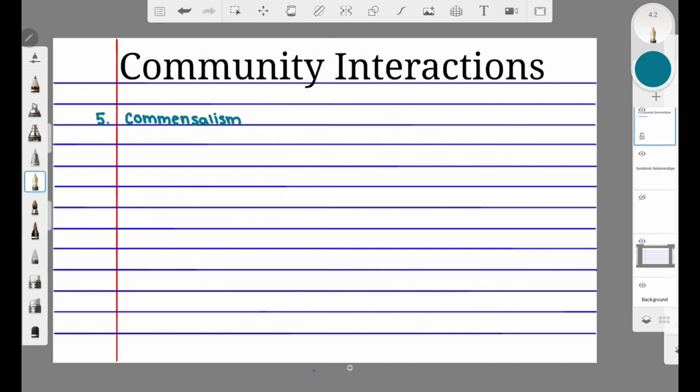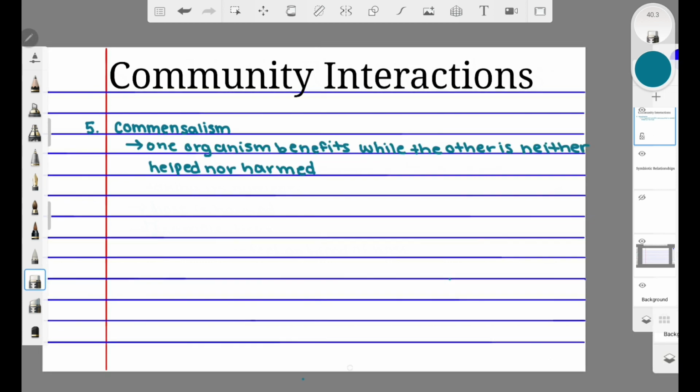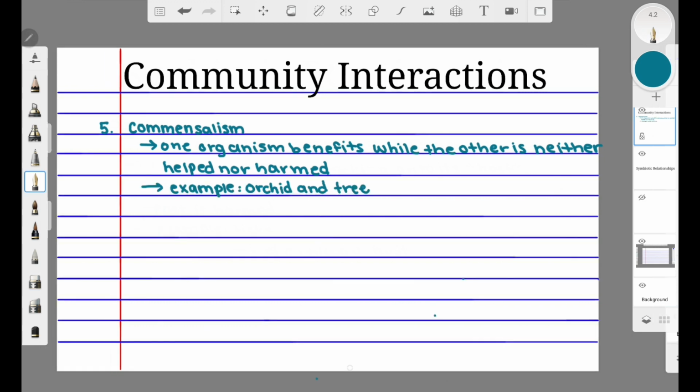And the very last community interaction that we're going to be talking about in this video is called commensalism. In commensalism, one organism benefits from this interaction while the other is neither helped nor harmed. So the other organism is not affected at all.